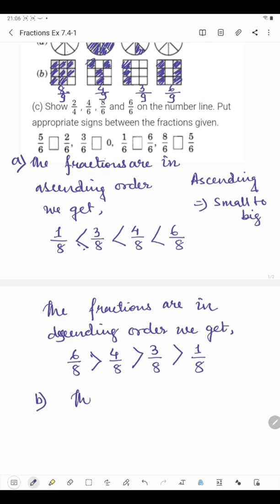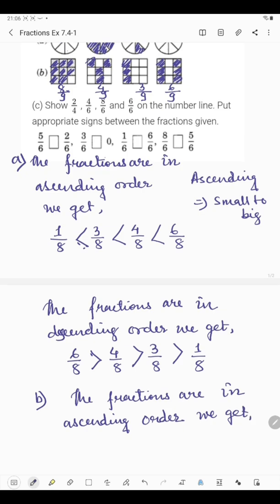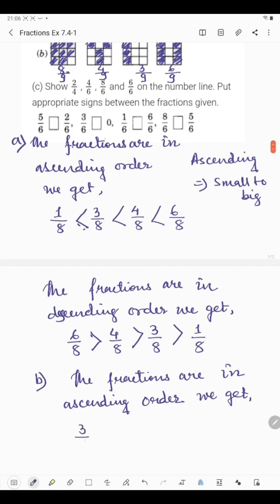The fractions are in ascending order. We get, so 3 by 9.